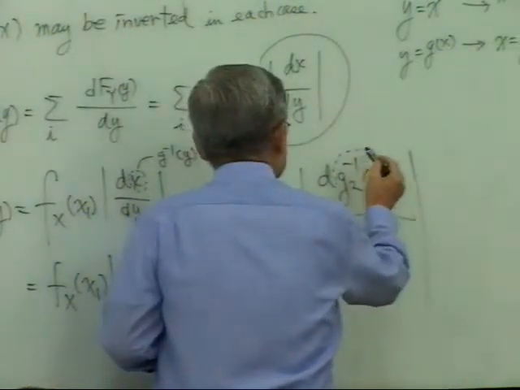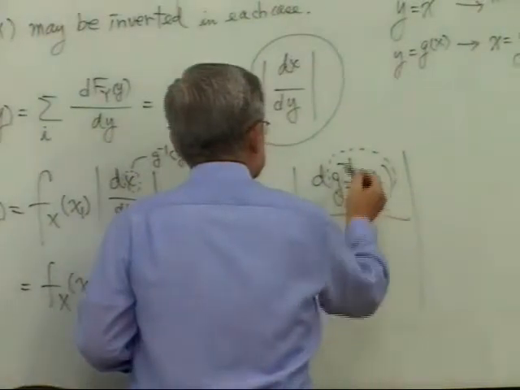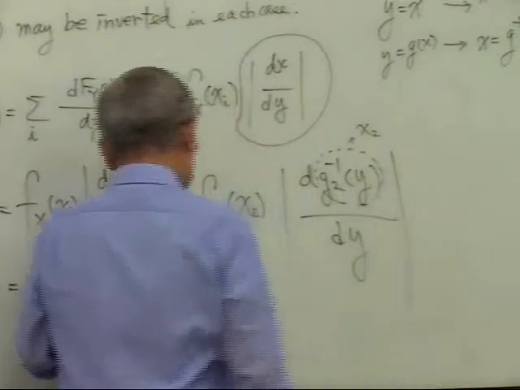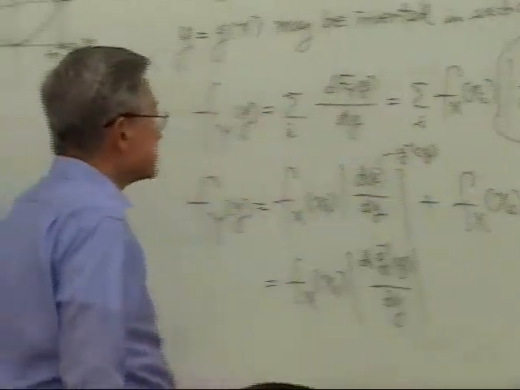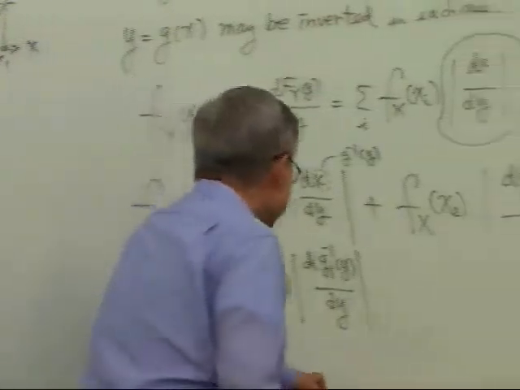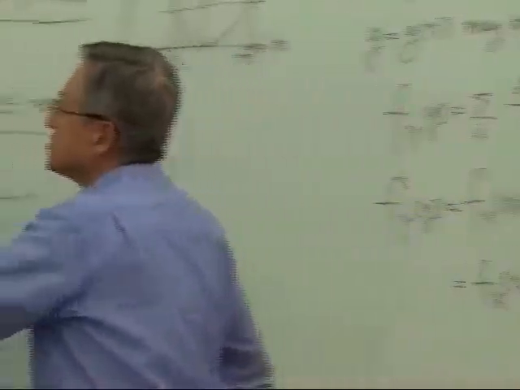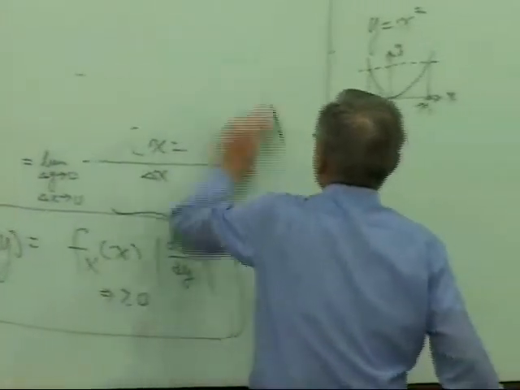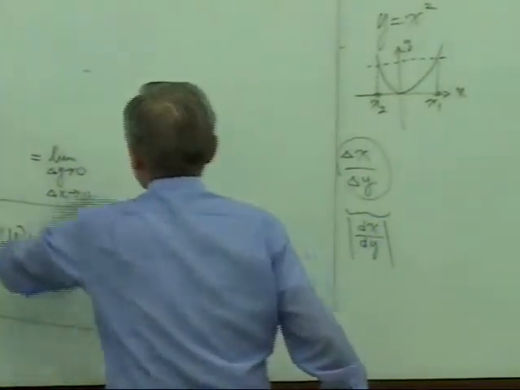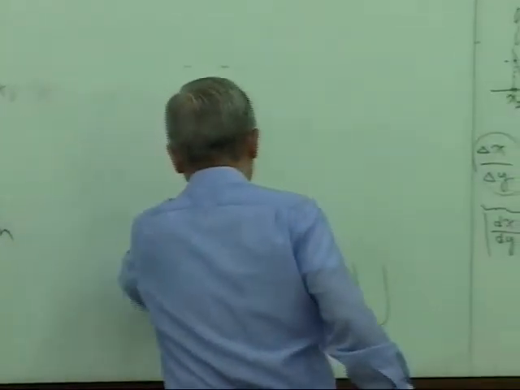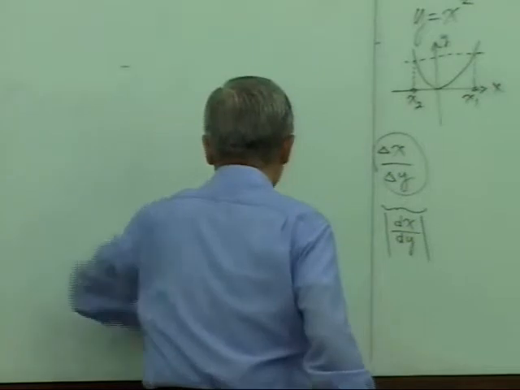So this term is x2. Just to try to make the functional relation using a simple example problem, x squared, which is a 2 to 1 function.